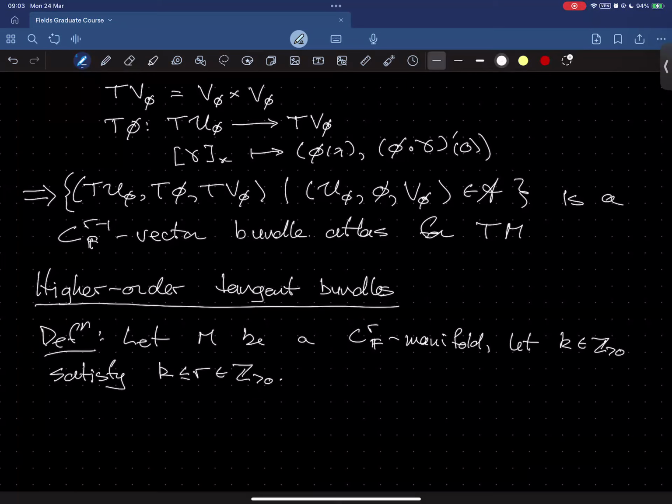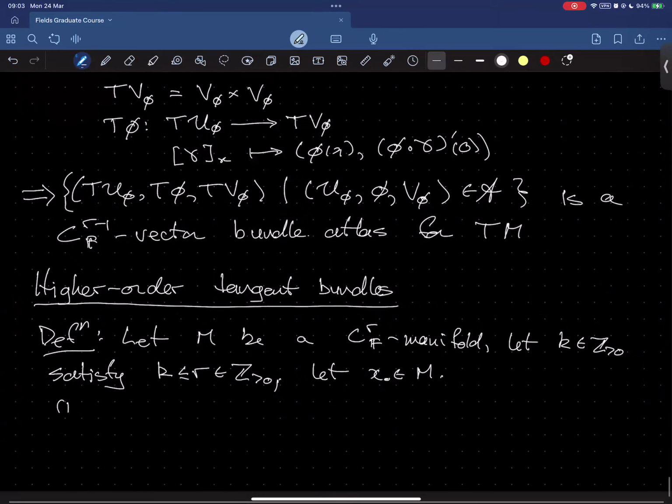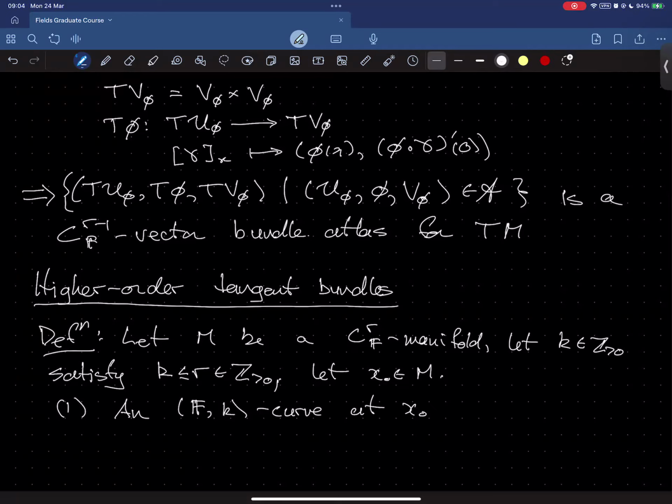So you choose an r, and then you choose a k, which is less than or equal to r. And let's choose a point. Okay, so given all of that, we need to look at the kinds of curves that we're going to talk about. So a C^k curve at x naught.